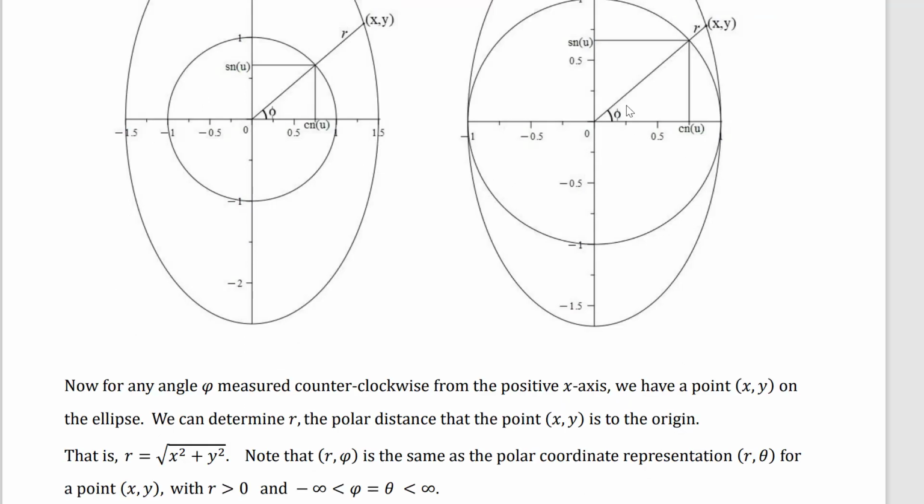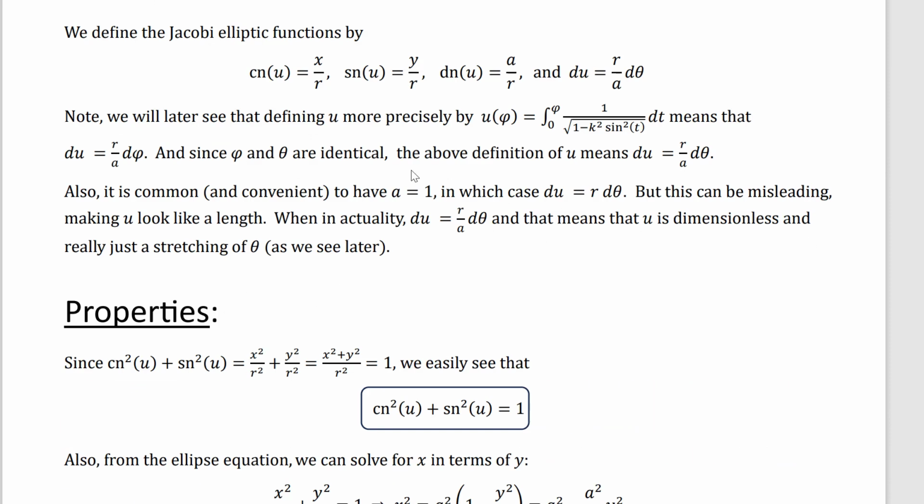Note, I'm using phi here so we can have it similar to the standard definition of the Jacobi elliptic functions, but phi is essentially the same as the usual polar angle theta, and we can go round and round. So if I look at the major 3 Jacobi elliptic functions, there's 9 others, maybe I'll mention at some point, but the other 9 are just ratios of these 3.